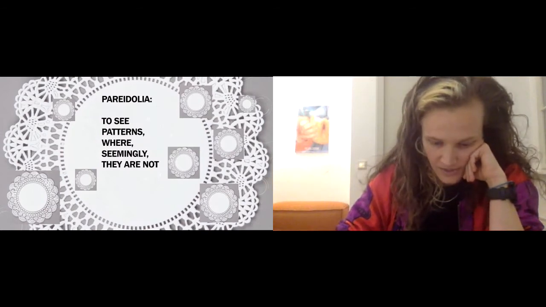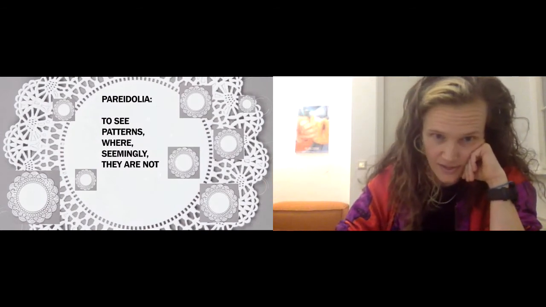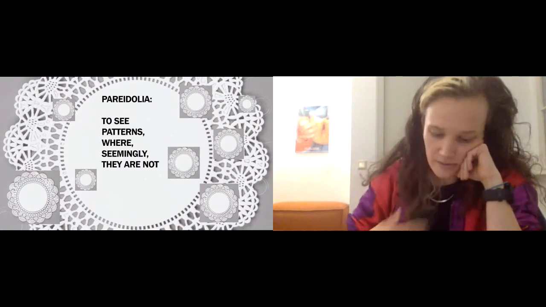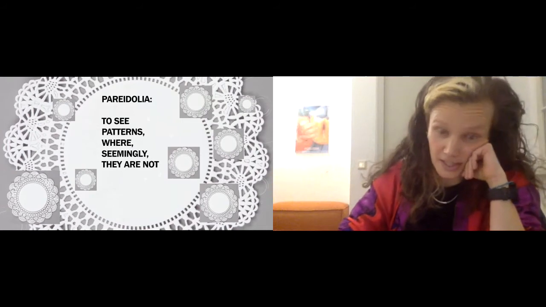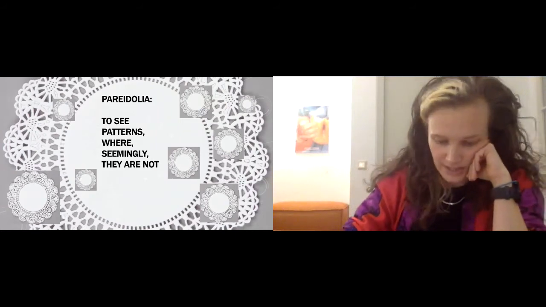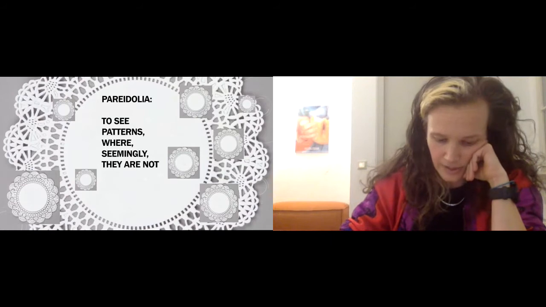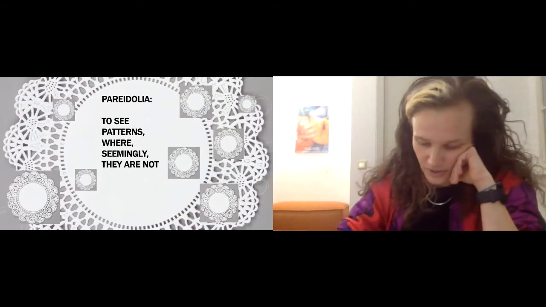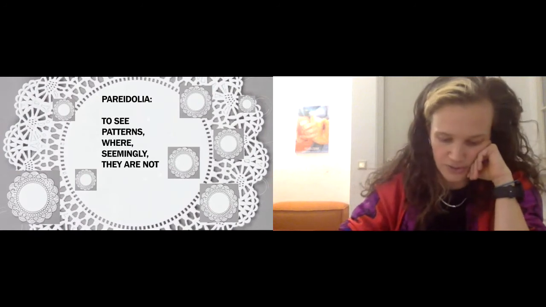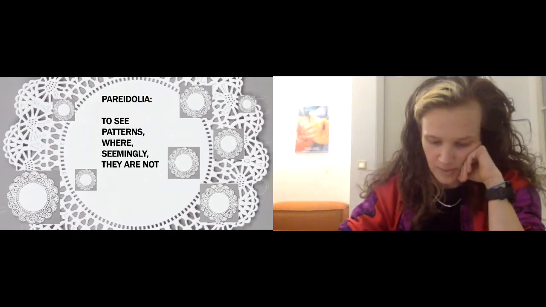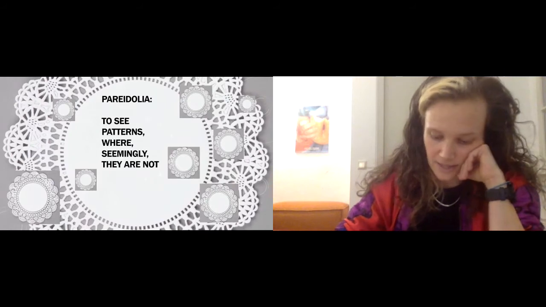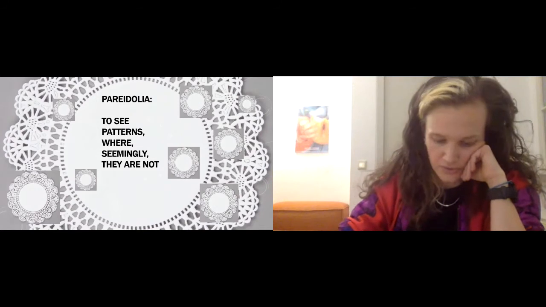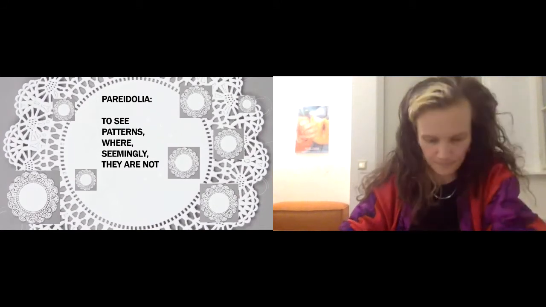So let's go through an example of synvariance. Pareidolia, to see patterns where seemingly they are not. It is impossible for me to read the word pareidolia without thinking of a proliferation of doilies, the most kitsch of early 20th century kitchen fripperies, decorative paper circles with intricate patterns of holes cut out of them, like obverse paper snowflakes, but actually could operate as the transfers for dustings of icing sugar snow to form further patterns on cakes.